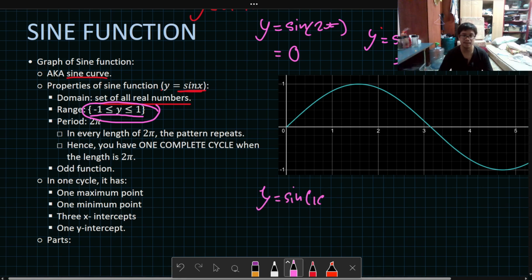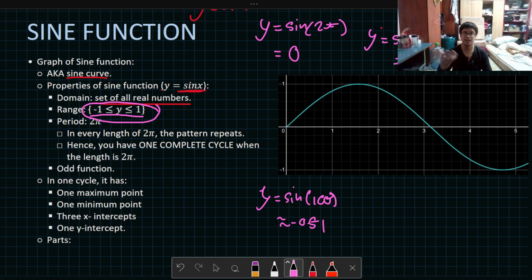That's actually very big, but it's just an experiment to show you. Here we have approximately -0.51. So you see, no matter how big my number is, whether it's in degrees or in radians, the result would be what?